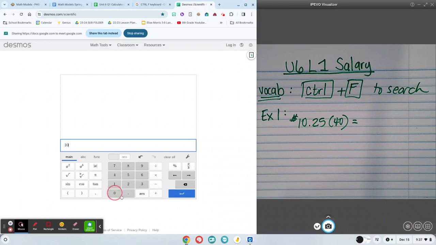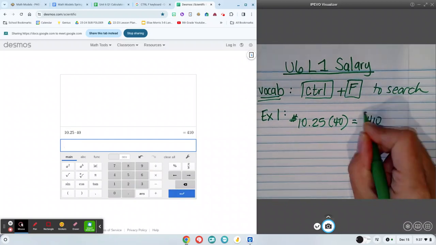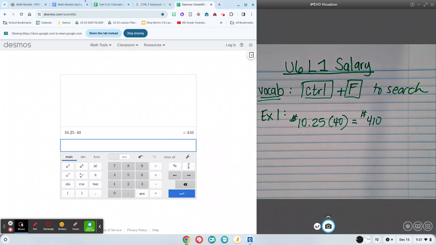So 1025 times 40. Hold on, if you go too fast, it doesn't get that decimal. Try that again. 1025 times 40. Okay, that's $410 for working 40 hours at your job.